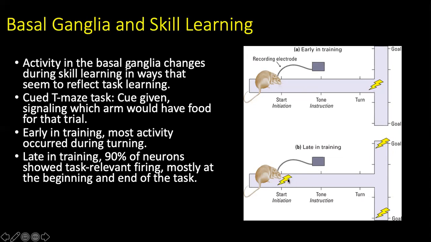So when the cue happens, we see an increase in basal ganglia firing. And then it also fires a lot again when they make it to the goal. So really representing the connection between the cue and the goal, as opposed to early on, when it's more focused on the motor action of making a turn in one direction or another. So the basal ganglia activity changes as the animals get better at doing this task, right?